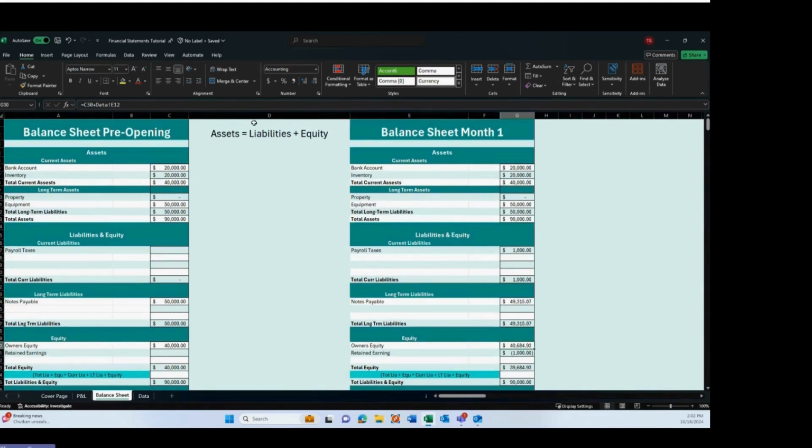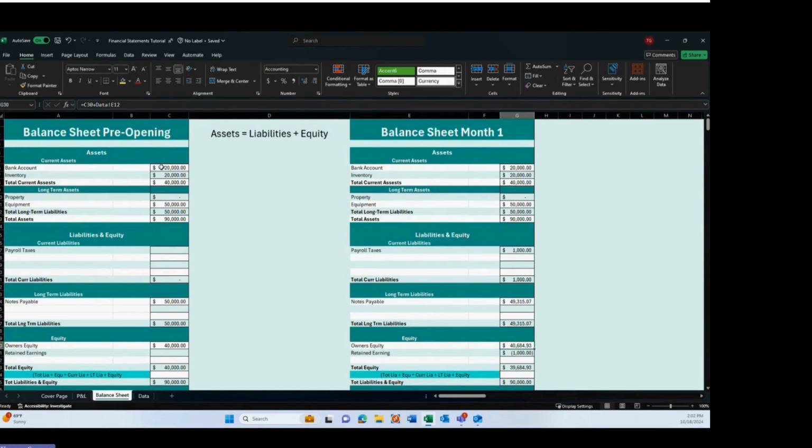So let's hop into it. Let's start with our pre-opening balance sheet. And let me give you a little bit of backstory on this company. Now, as I said, this is a t-shirt company. And the pre-opening balance sheet is going to show us what the business assets look like on its first day of operations.